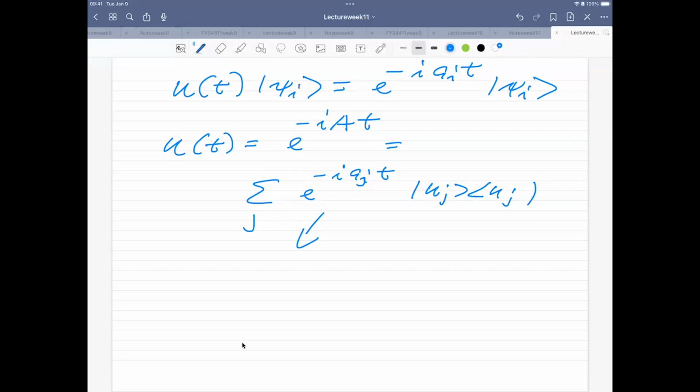So the eigenphases of the unitary operator encode the energy spectrum of the operator A.